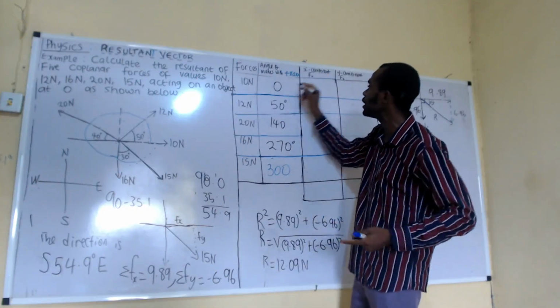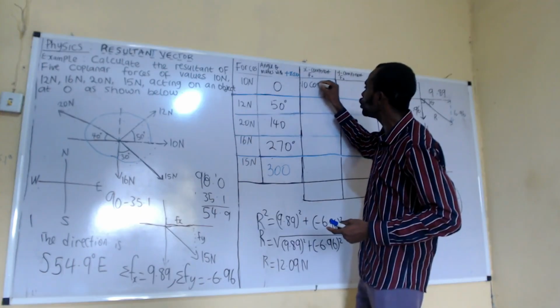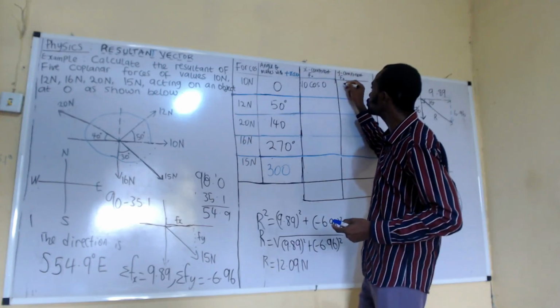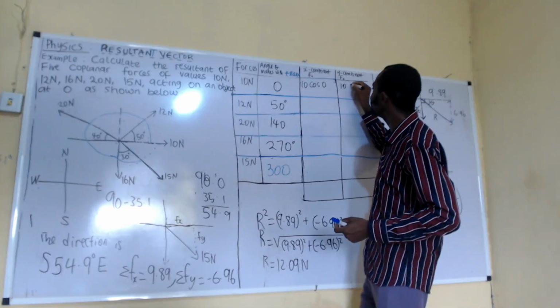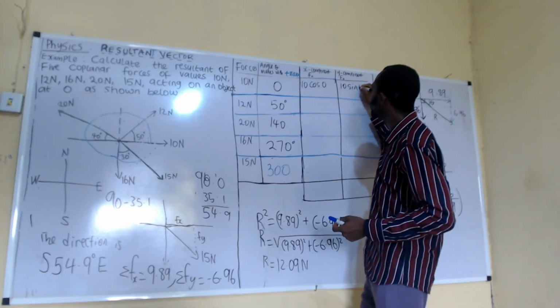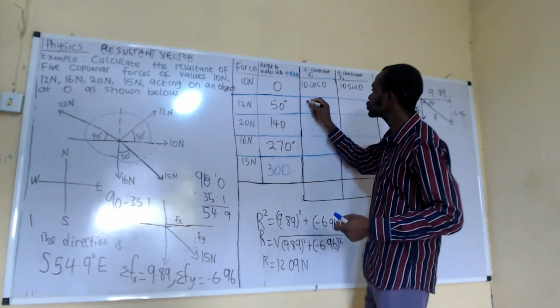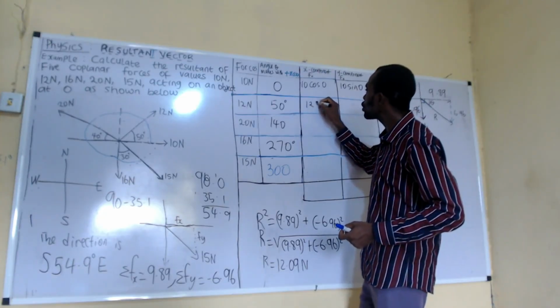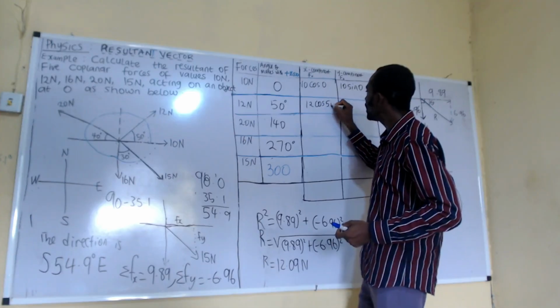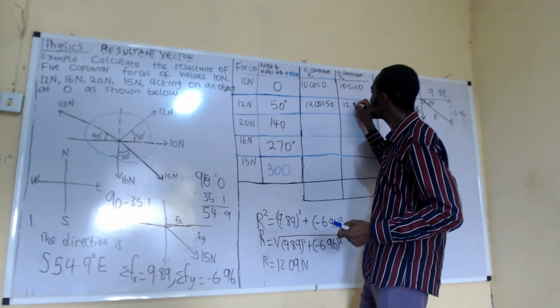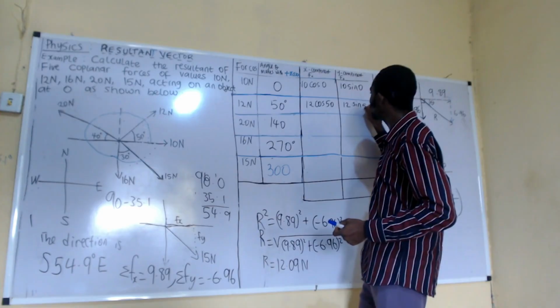So this time around it is 10 cos 0, 10 sine 0, 12 cos 50, and 12 sine 50.